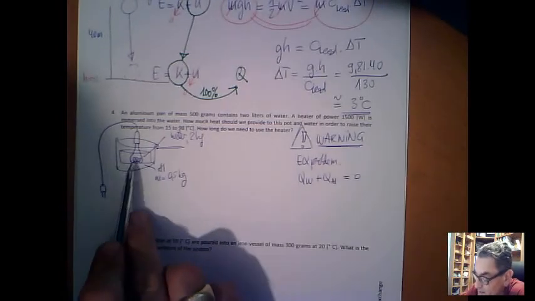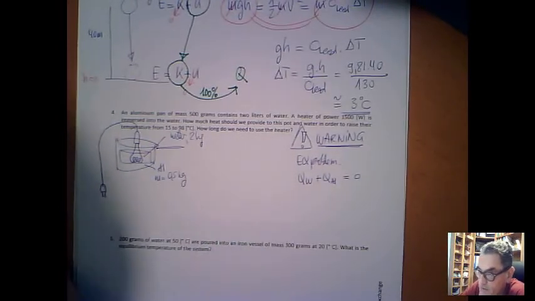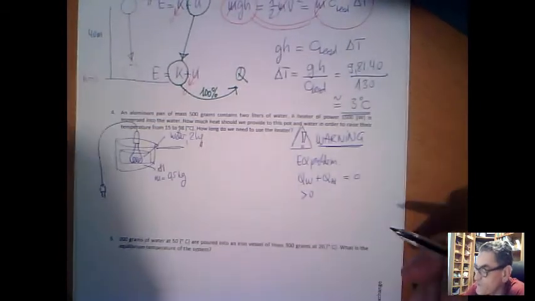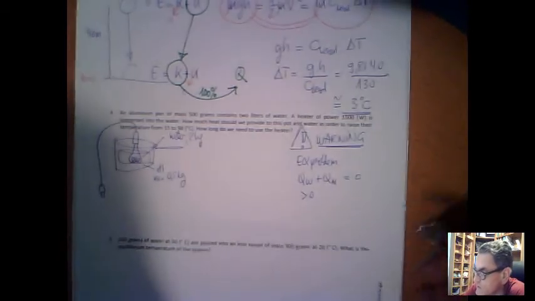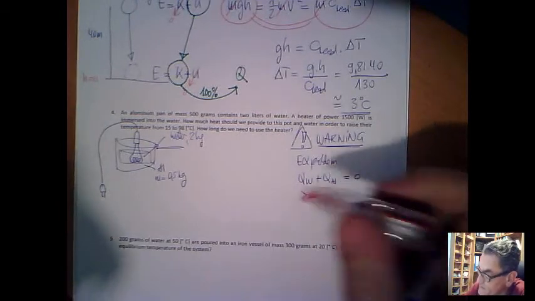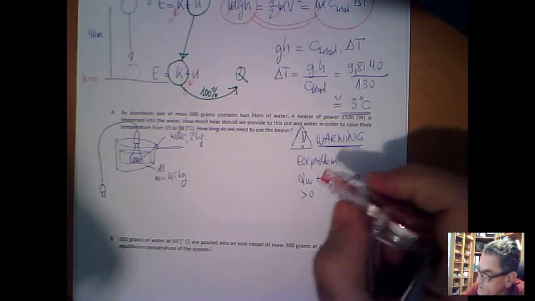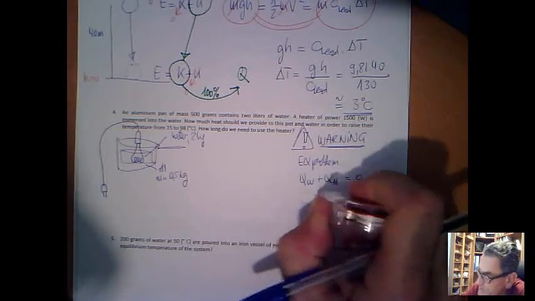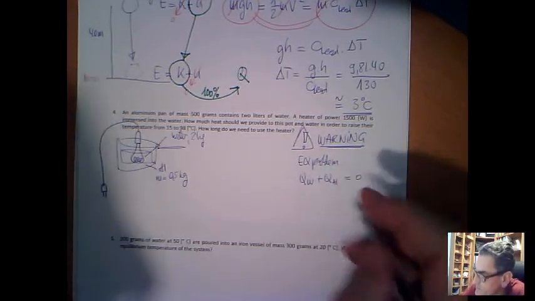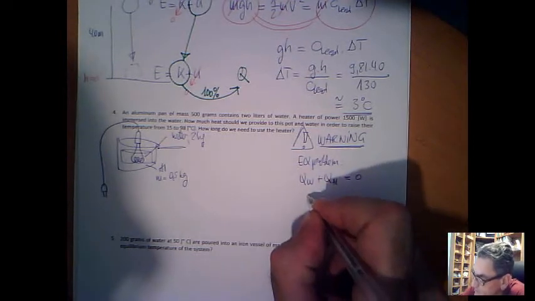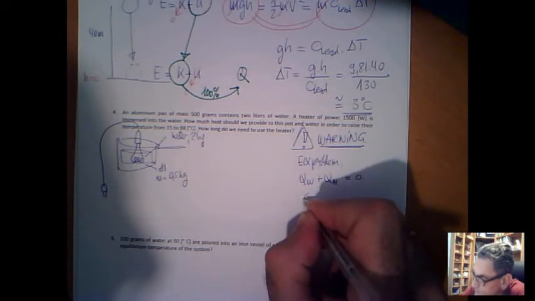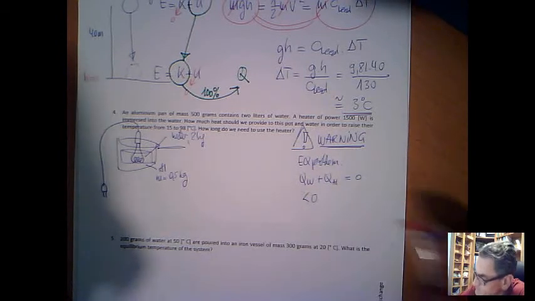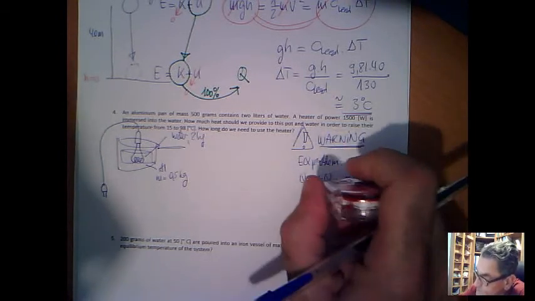But now we are heating them up. So the Q of the water is positive because you heat the water. Sorry, it's negative because you give energy to the system. I'm sorry, I'm confused now.